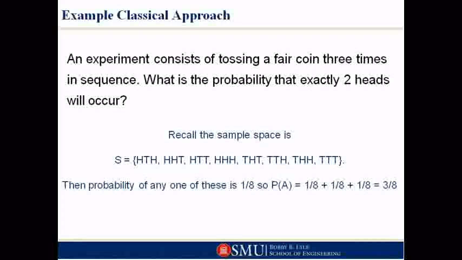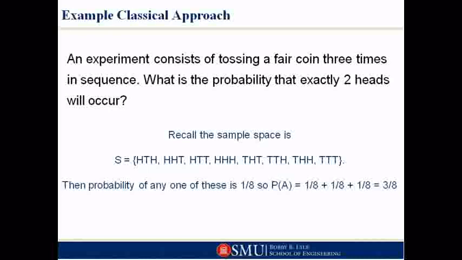You may not see my arrow. HTH has 2 heads. HHT has 2 heads. And THH has 2 heads. So 3 out of these 8 outcomes meet the characteristic defined as event A, exactly 2 heads.